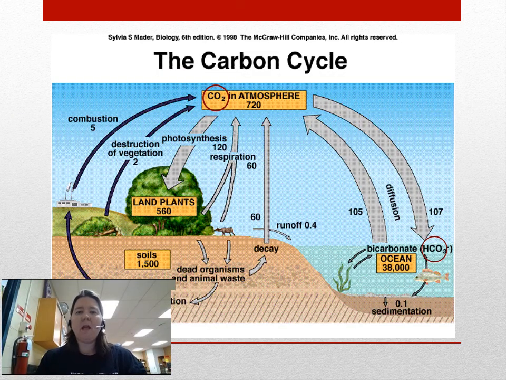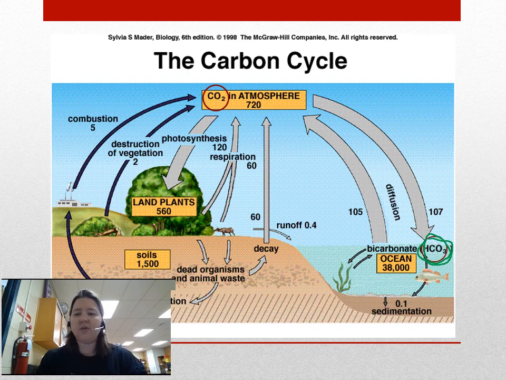So here's another picture of the carbon cycle. We're going to talk a lot more about this, but it's just another representation of it, and these actually have numbers here. Carbon in the atmosphere goes back and forth between the ocean, and if we're not careful, it creates this thing called bicarbonate right here.